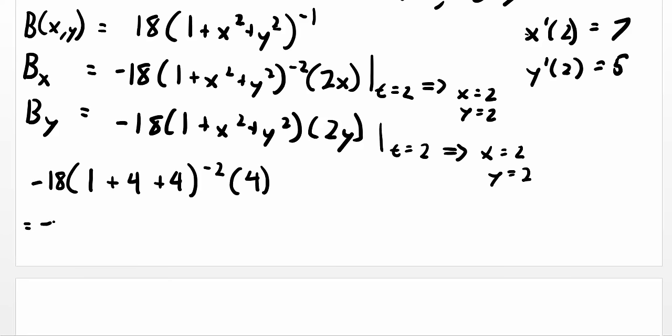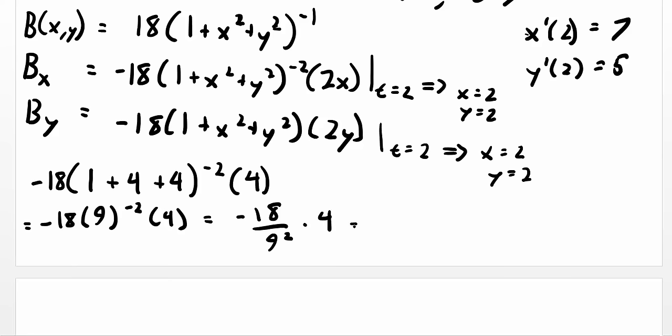This is equal to negative 18 times 9 to the negative 2 times 4, which is equal to negative 18 over 9 squared times 4.